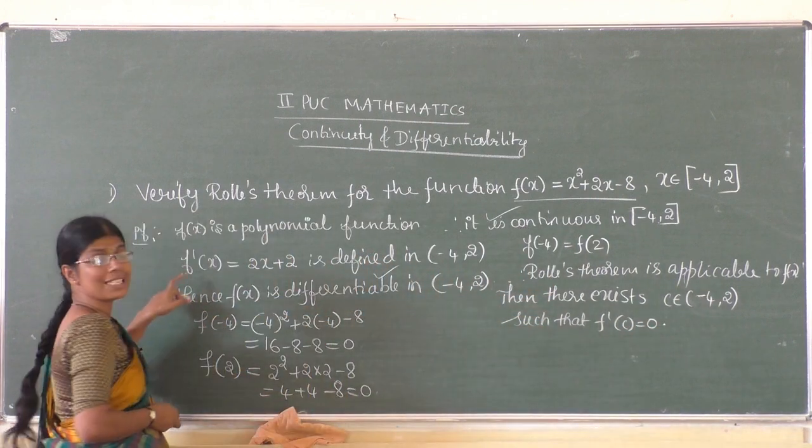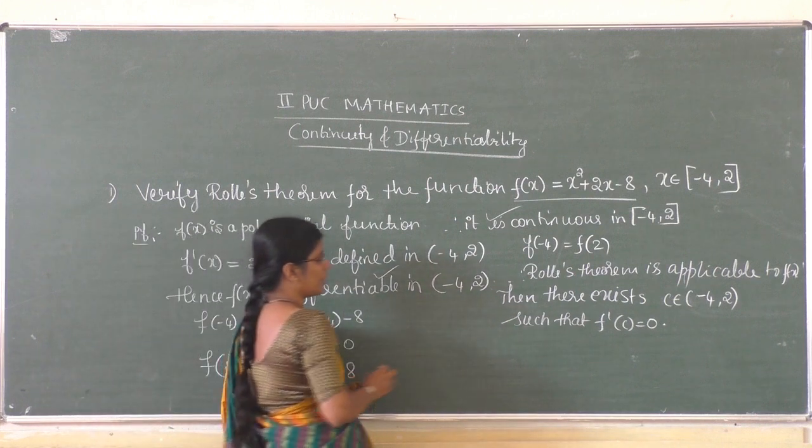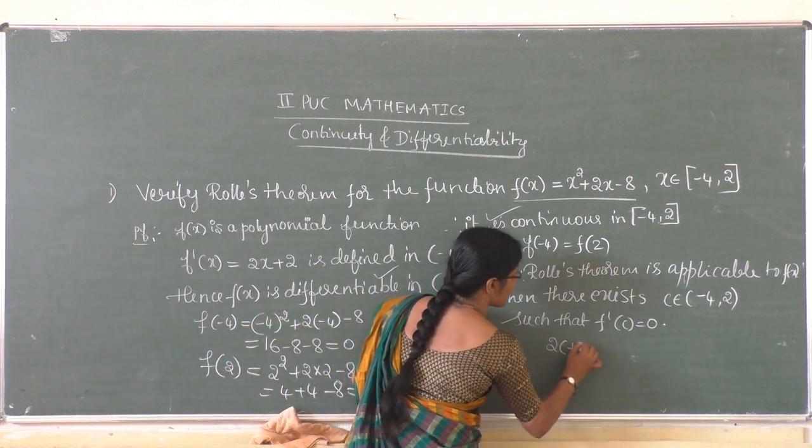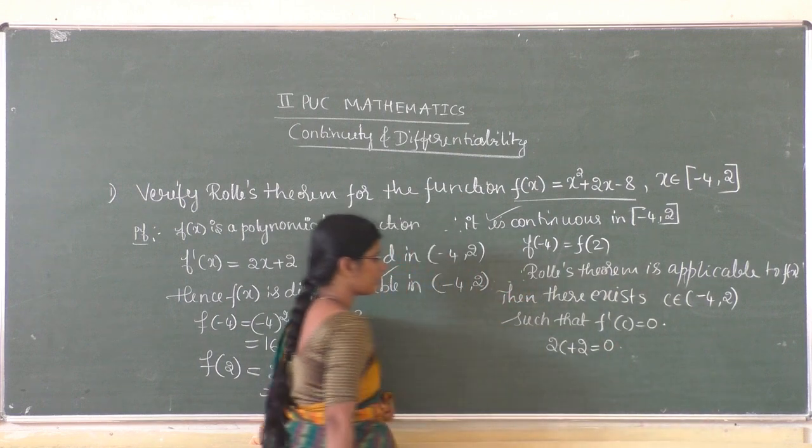But what is f dash of C? That is equal to 2C plus 2 equal to 0.